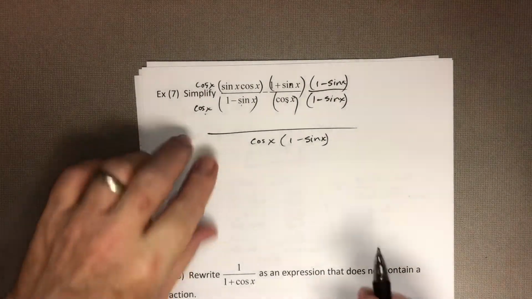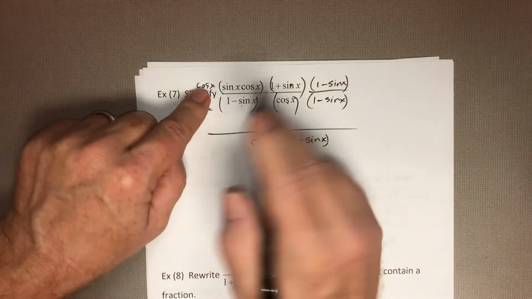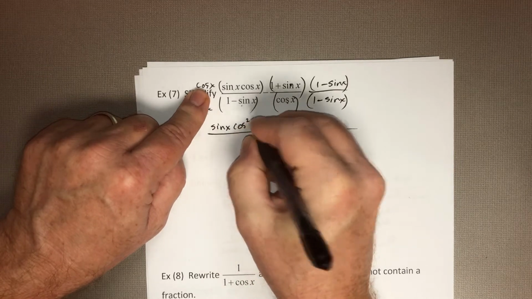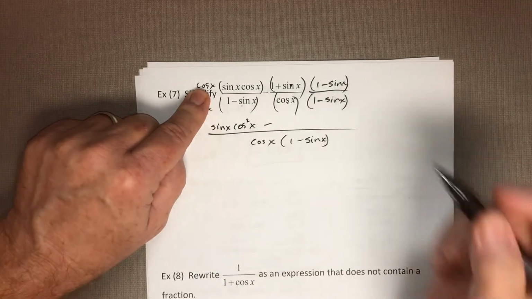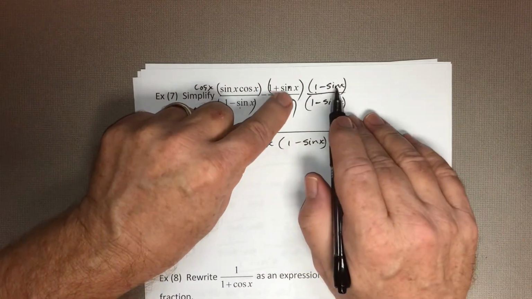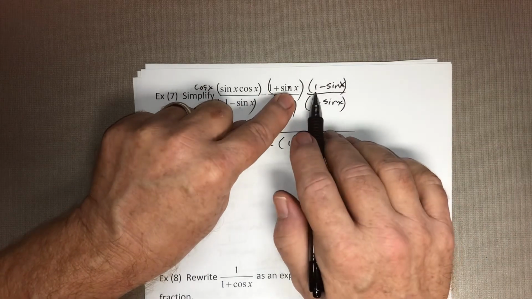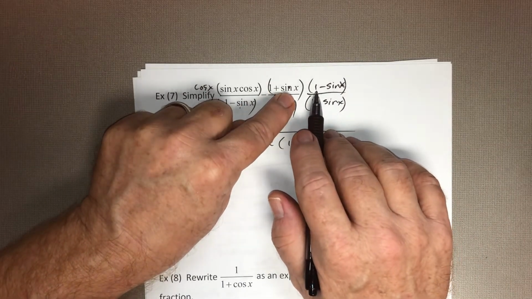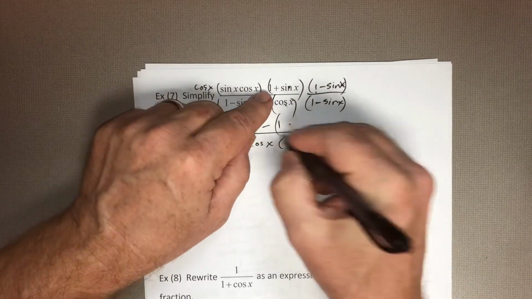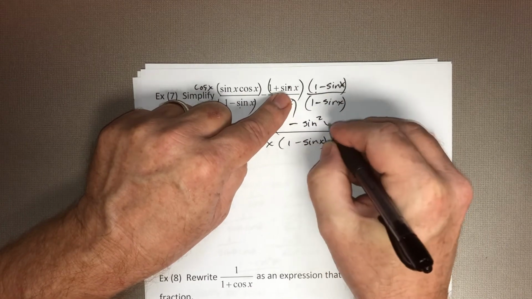Up top, I need to do this times this, which would be the sine of x times the cosine of x squared, minus, up here, when I do this product, I get 1. The outer product is negative sine of x, and the inner product is positive sine of x. Those would cancel. The product of the last terms would be minus, I'm going to put that 1 minus the sine squared of x.